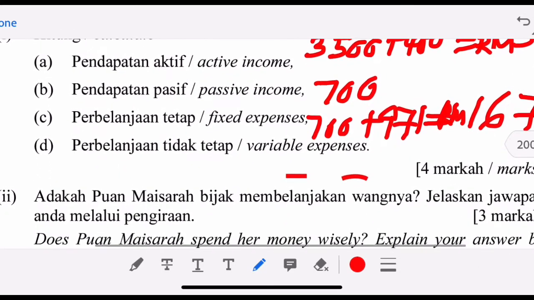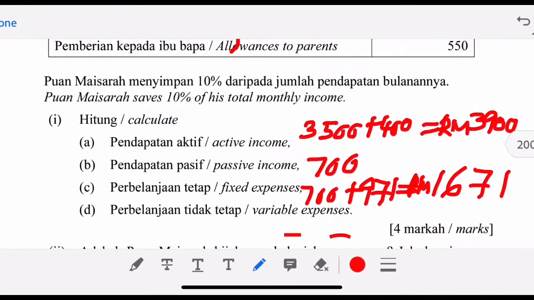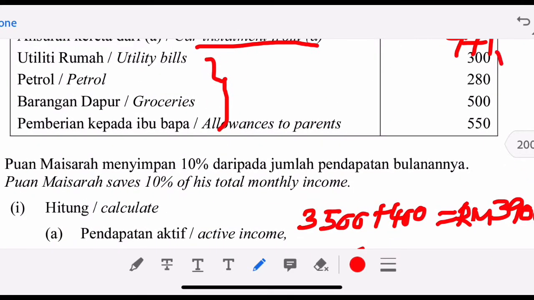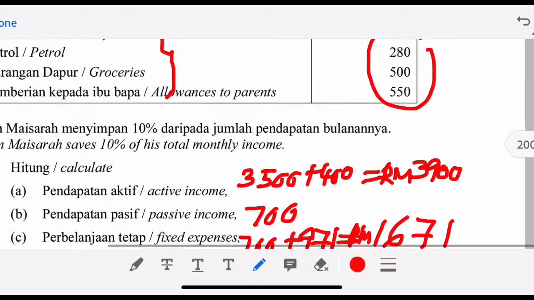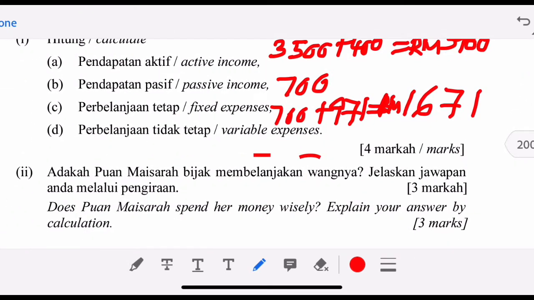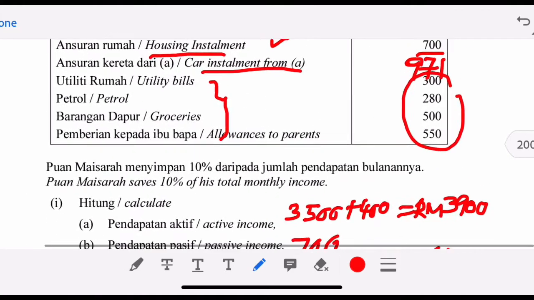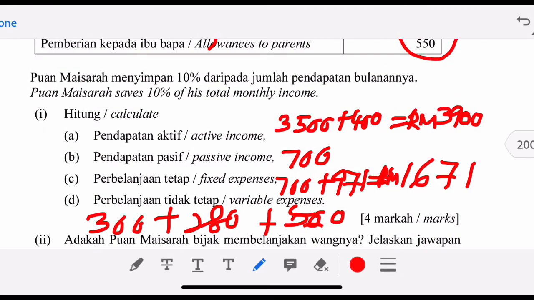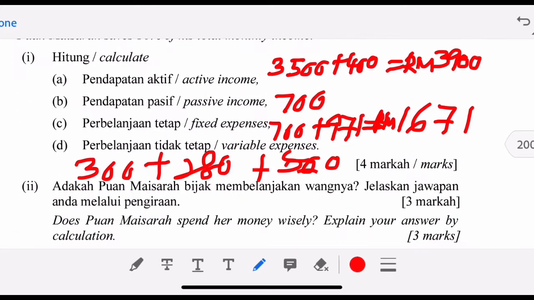Variable expenses will be some expenses that can be reduced. So 300, so we add up. Variable expenses be 300 plus 280 plus 500 plus the amount given to the parents 550.